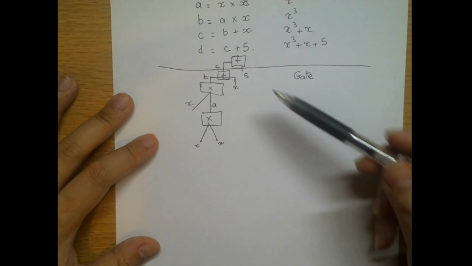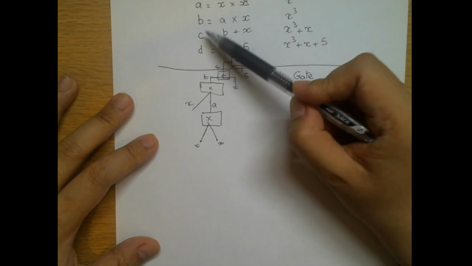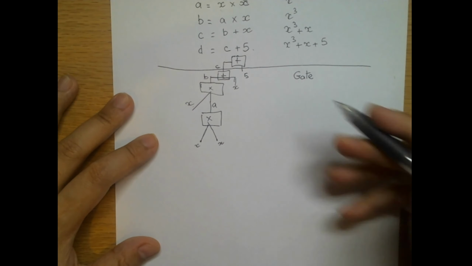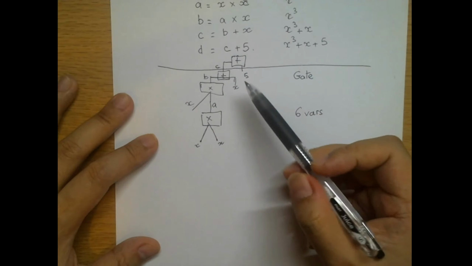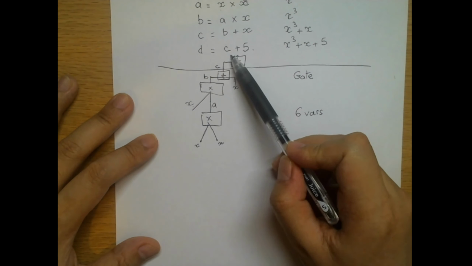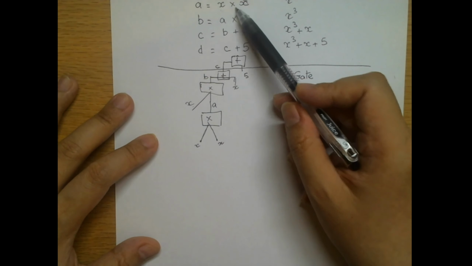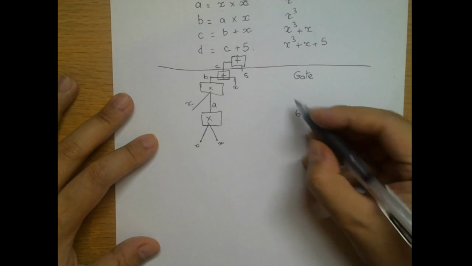You have 1, 2, 3, 4, 5, 6 variables. So we have 6 variables, and we have 4 equations, 4 equations for 4 gates.